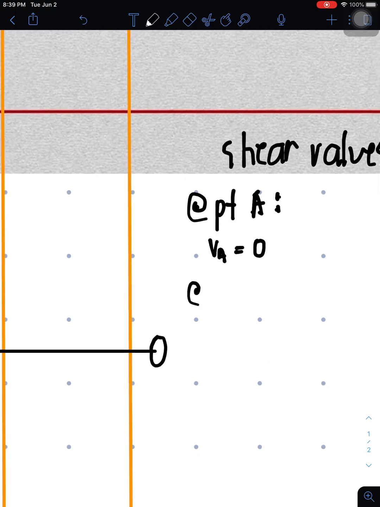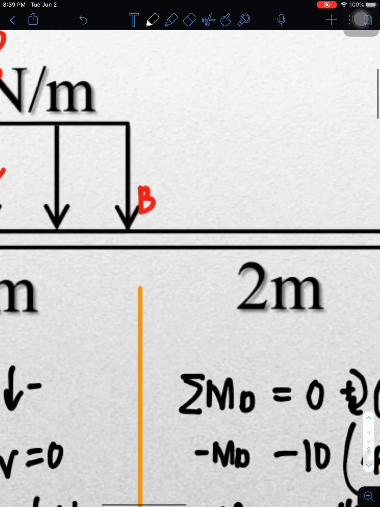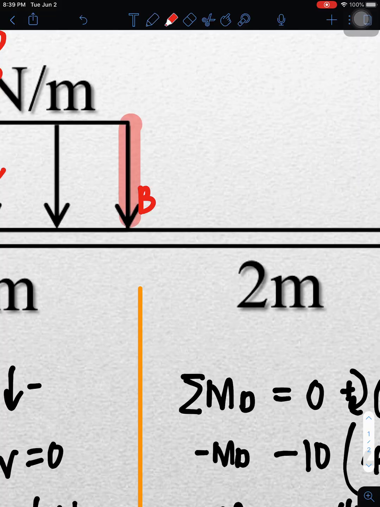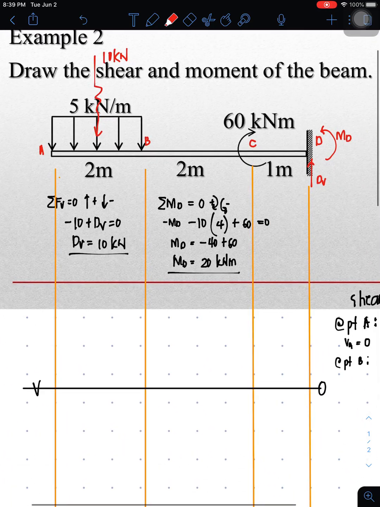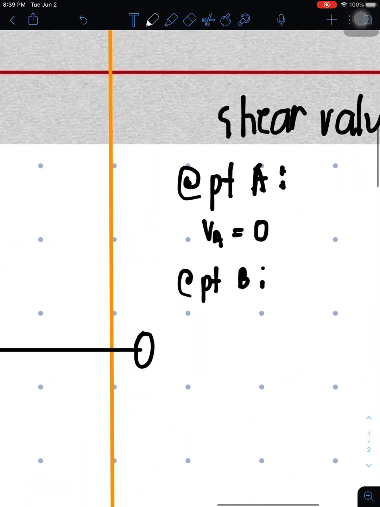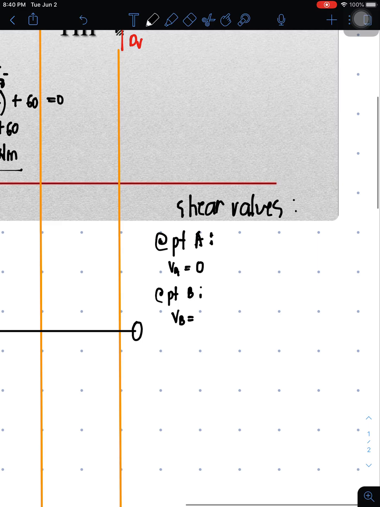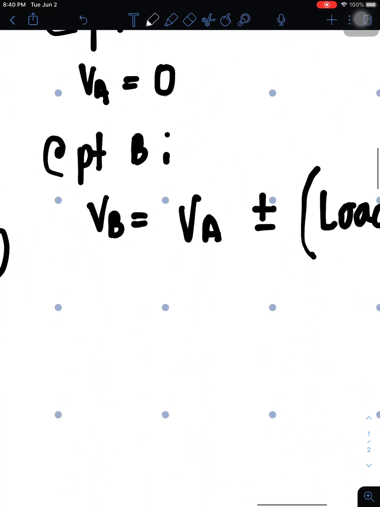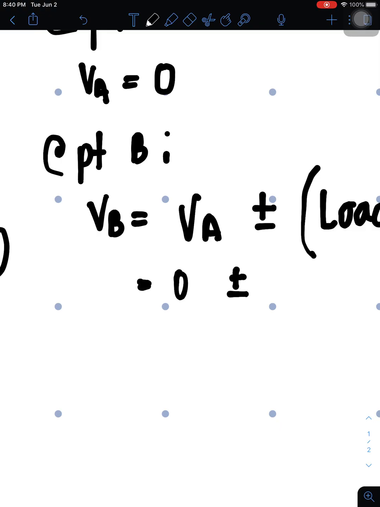Next, at point B, let's examine, is there a concentrated load at point B? Still none. This is just the end of the distribution, so it's not a concentrated load. So we'll only have 1 point of shear at B. So VB, and then you copy the previous value, which is your VA, plus minus the load from A to B. So copy the previous value of VA, which is 0, and plus minus the load.